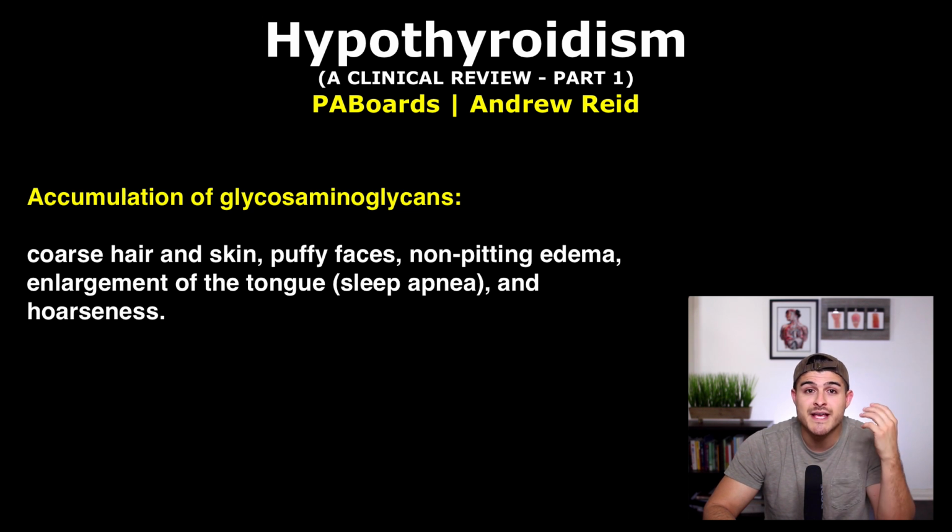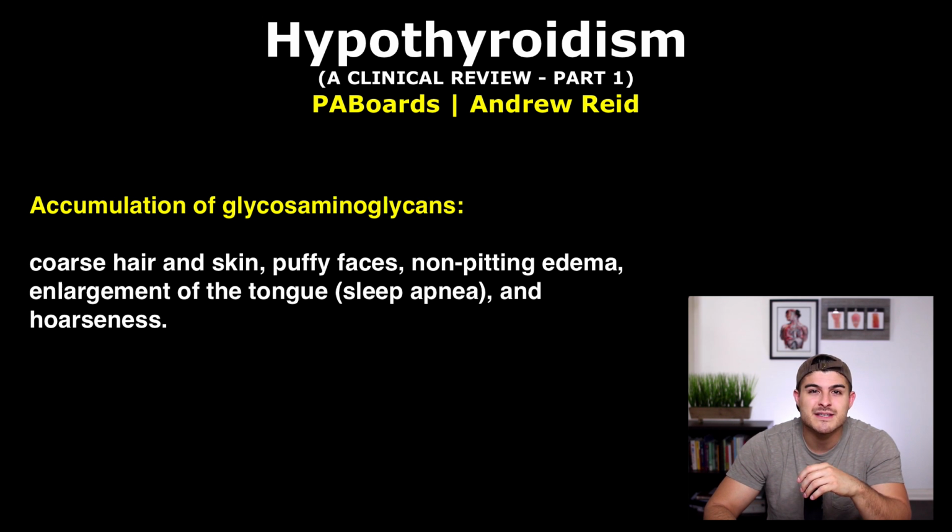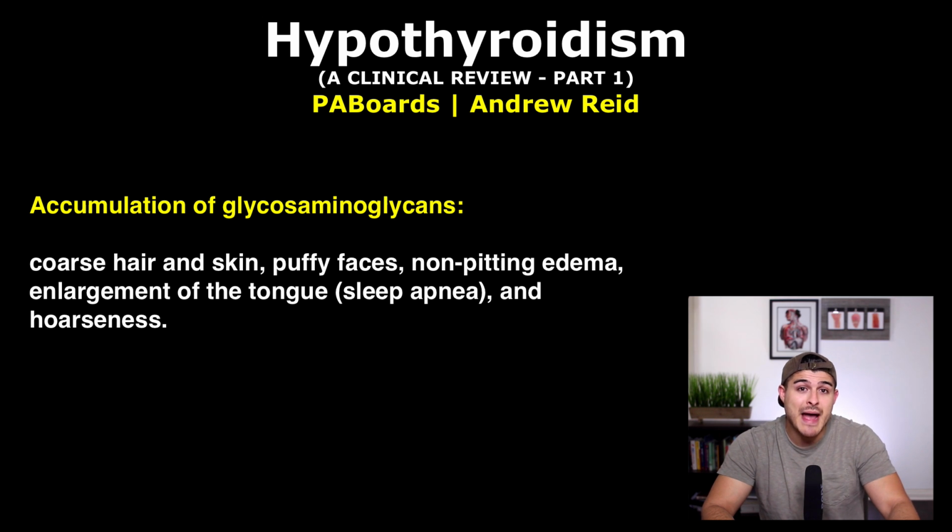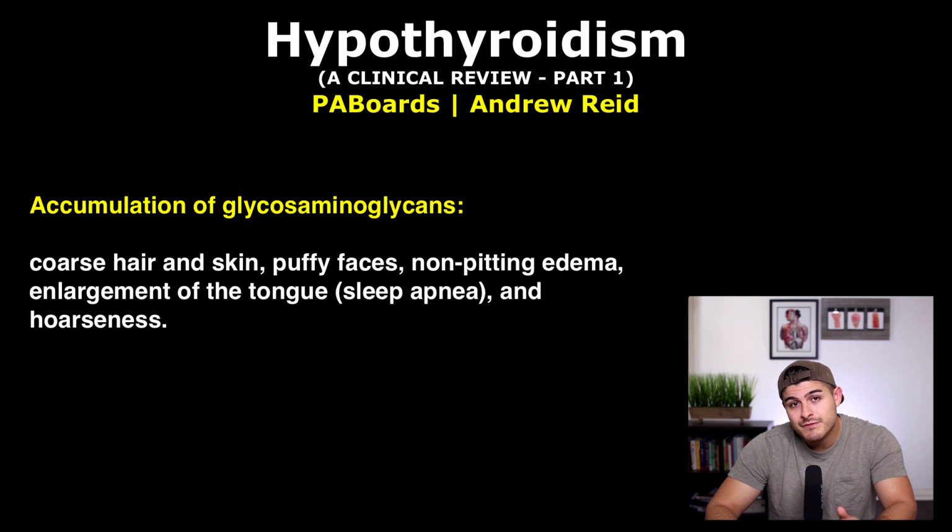This is when we get coarse hair, we get coarse skin, thick skin, we get puffy faces, we get non-pitting edema, and we get enlargement of the tongue, right? And when we have enlargement of the tongue, remember, this can predispose the patient to sleep apnea. So we have coarse hair, skin, puffy faces, edema. We can have sleep apnea secondary to enlargement of the tongue, and hoarseness. So these are the different various features that can occur with hypothyroidism.